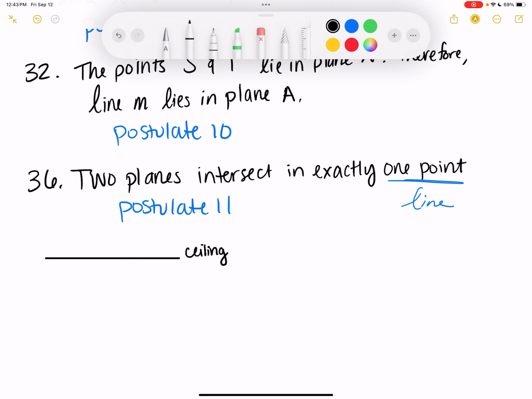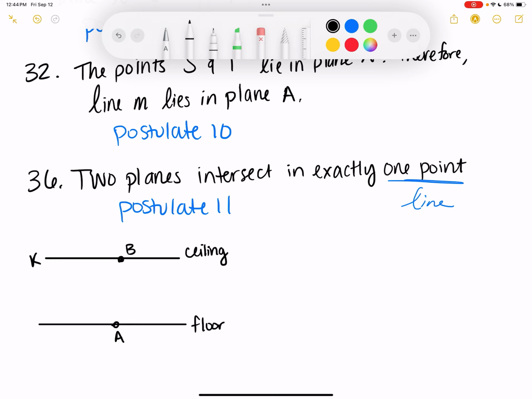So the ceiling and the front wall, okay, as line K. Then it says, think of the center of the floor as point A and the center of the ceiling as point B. So that's the setup for these next couple of problems.